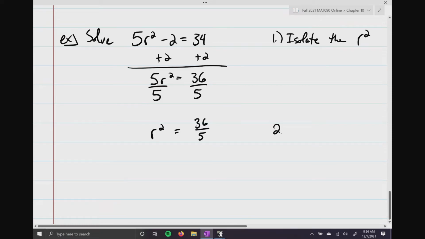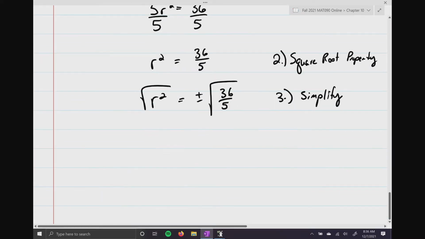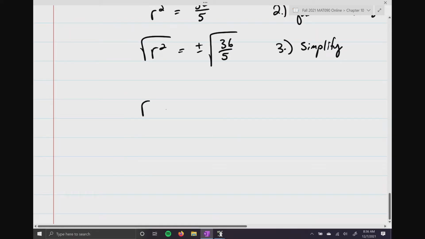Step 2. Square root property time. So we get the square root of r squared equals plus or minus the square root of 36 over 5. All right, and now we're going to have to simplify. So r is going to equal plus or minus the square root of 36 over the square root of 5. Let's separate them. Then r is going to equal plus or minus 6 over the square root of 5.